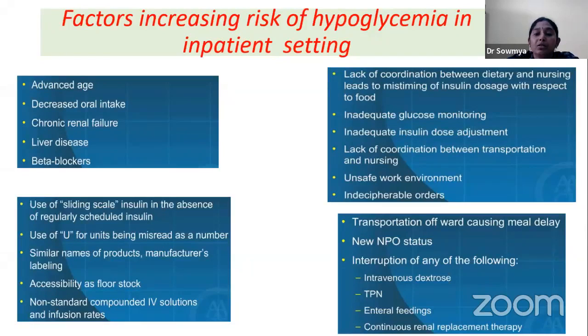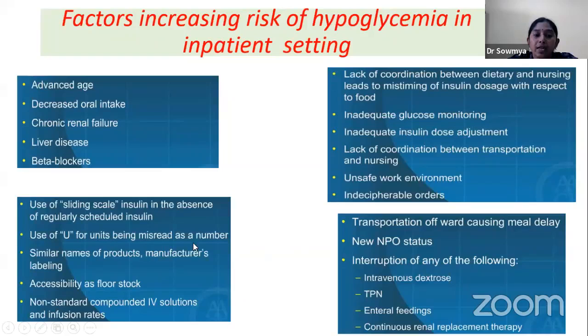The new NBM status is not known to the nutritionist and the nurse, who do not know about the interruption of intravenous dextrose, TPN, enteral feedings, or continuous renal replacement therapy. All these have been interrupted, but in spite of that, she has given the usual dose of insulin. So obviously it will cause hypoglycemia.